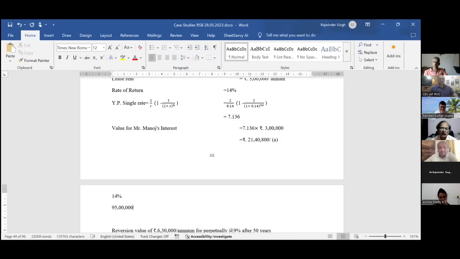आपको 95 lakh मिला और 14% अगर रेट ऑफ इंटरेस्ट है तो कुछ तो इंटरेस्ट मिलेगा आपको.